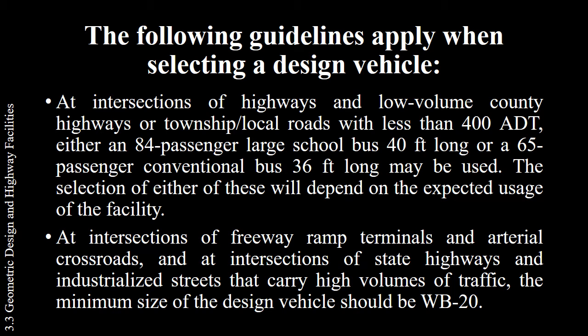The selection of either of these will depend on the expected usage of the facility. At intersections of freeway ramp terminals and arterial crossroads, and at intersections of state highways and industrialized streets that carry high volumes of traffic, the minimum size of design vehicle should be WB-20.